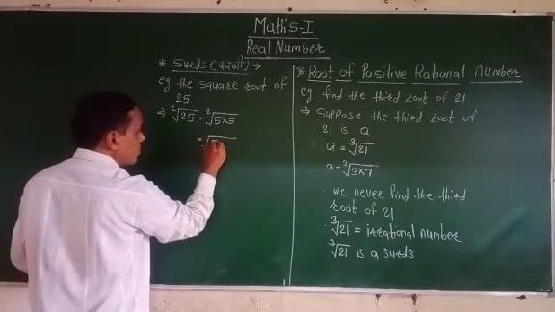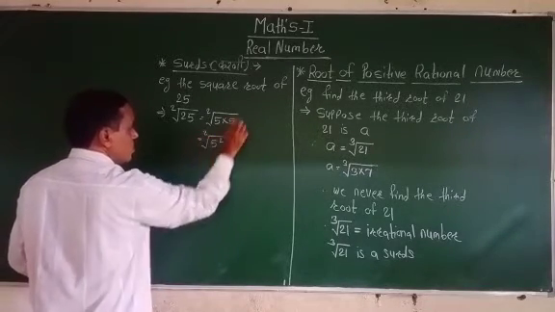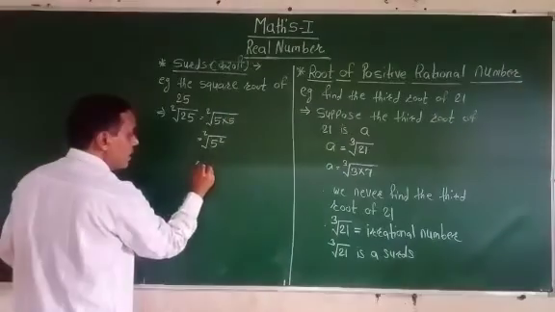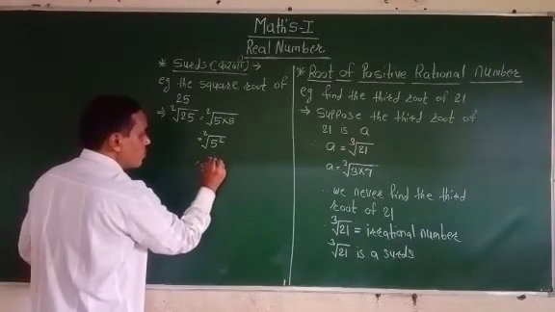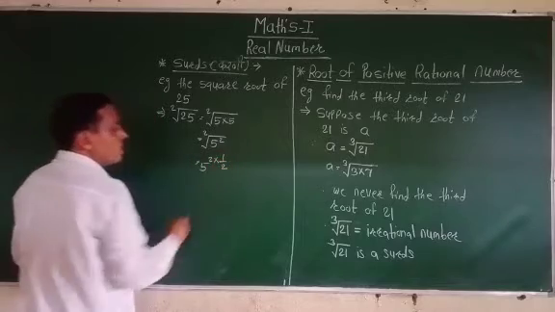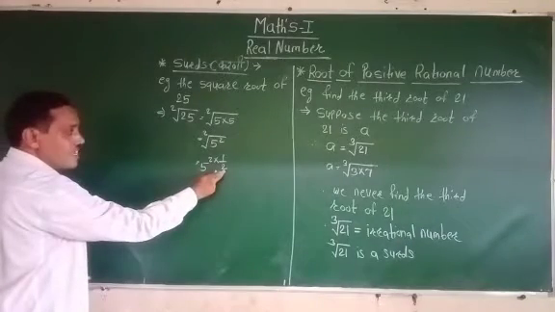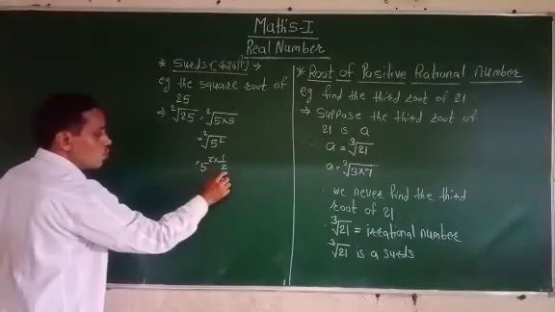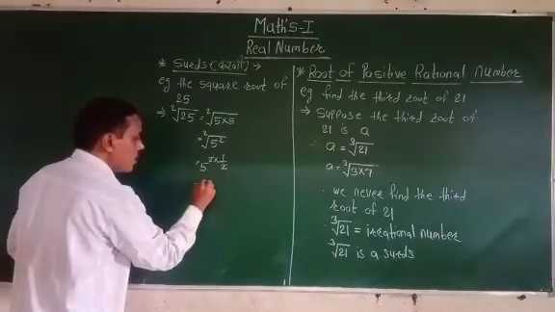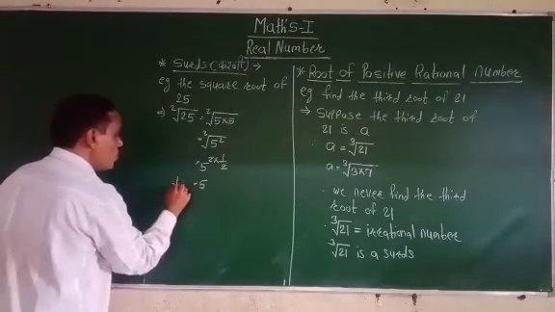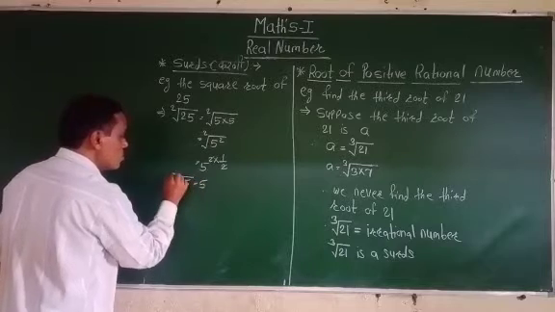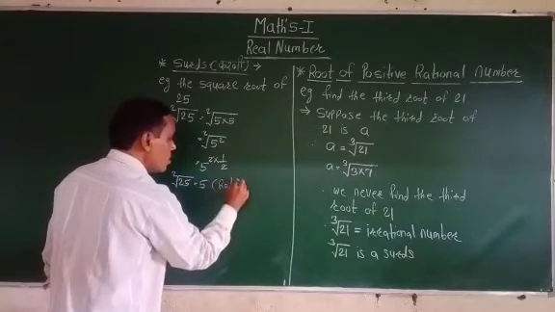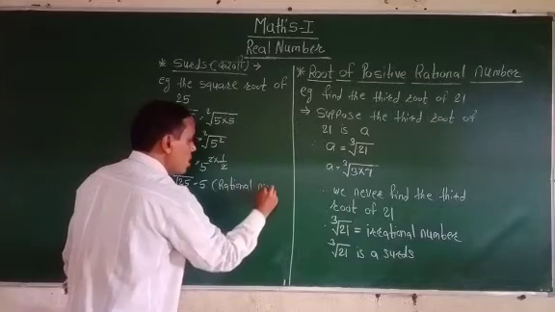We see 5 is repeated twice, and then we can write it in rational indices form this way, and we cancel the 2 from each other, and we get the value 5. So therefore 5 is a rational number.